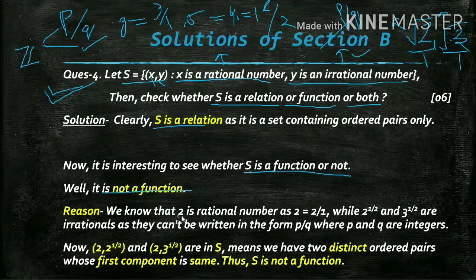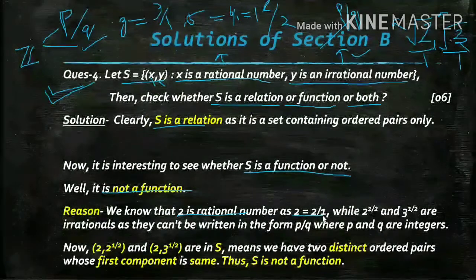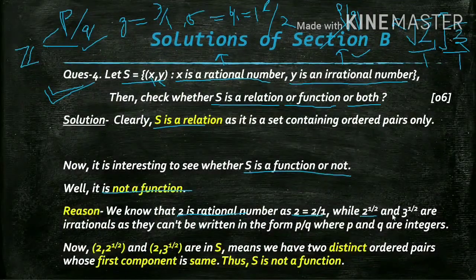2 is a rational number because 2 can be written as 2 by 1, while root 2 and root 3 are irrational because they can't be written in p by q form, where p and q are both integers. Now consider the pairs 2 comma root 2 and 2 comma root 3.